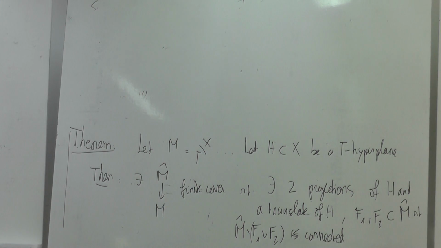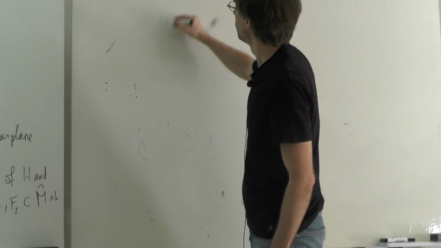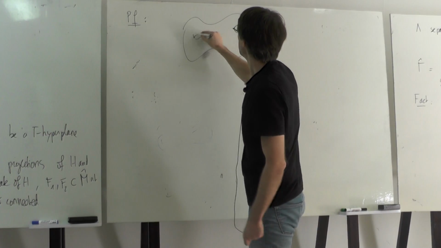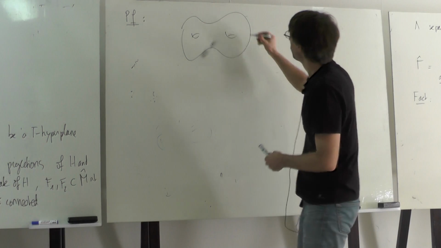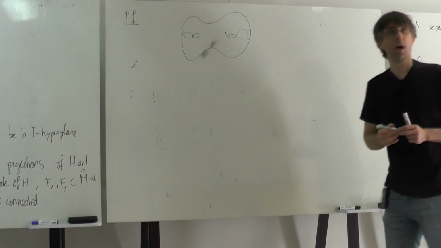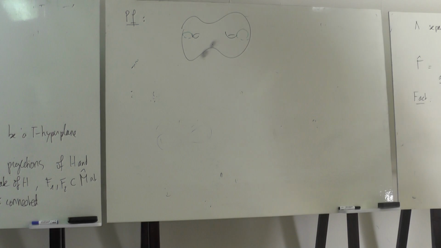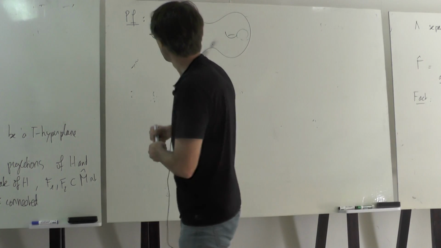So now you end up with two projections like this, whose union does not disconnect your manifold. And the proof is really similar.